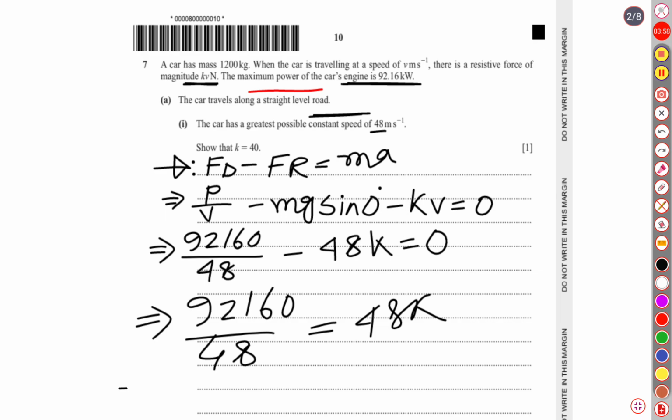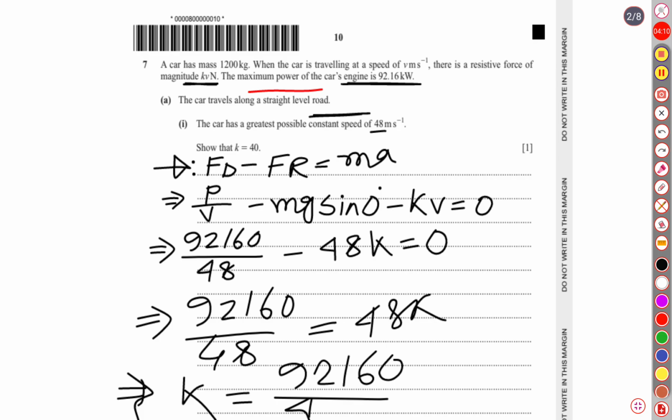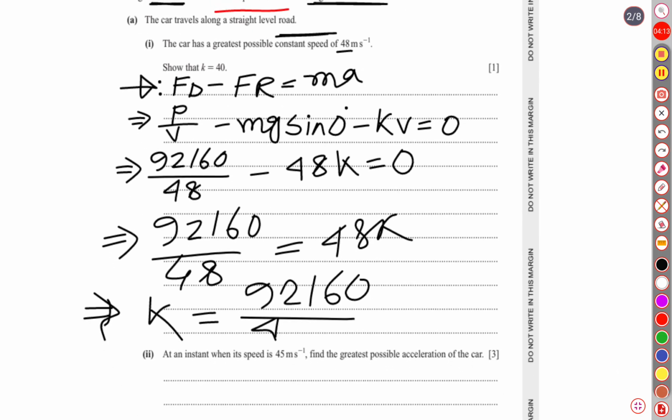If we make k the subject, then k is equal to 92160 over 48 over 48, which is 92160 divided by 48 into 48. It is going to be 40. So they have told us to show that k is 40.